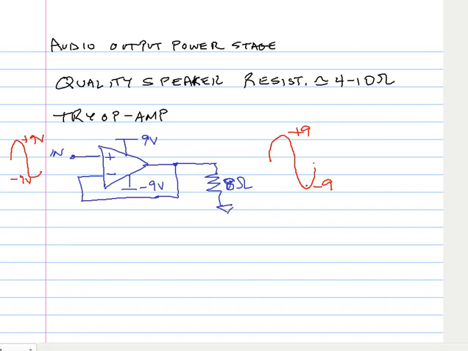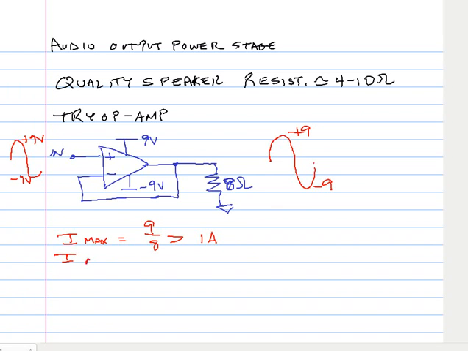And what does this mean for the peak current that the amplifier must be able to supply? Well, if we look at peak current, we'll call this I max. It would be equal to the peak voltage divided by the resistance, or 9 divided by 8. And this is greater than 1 amp.